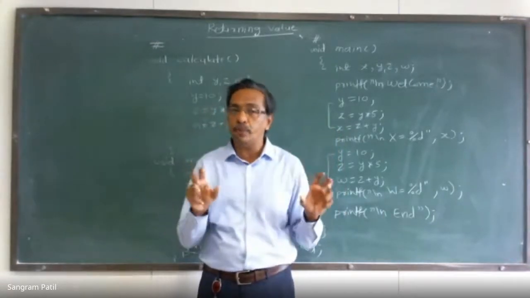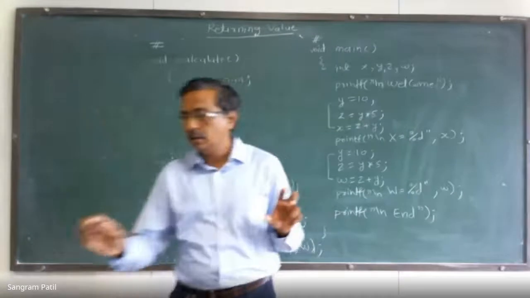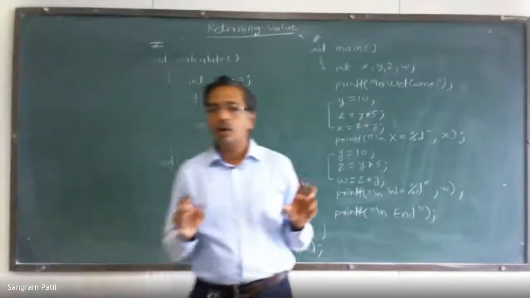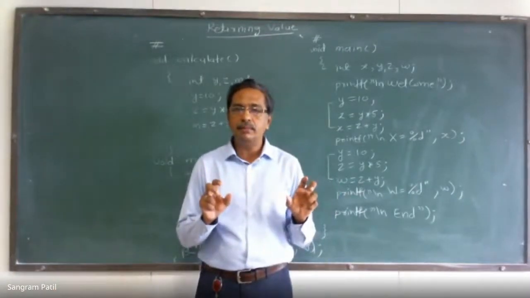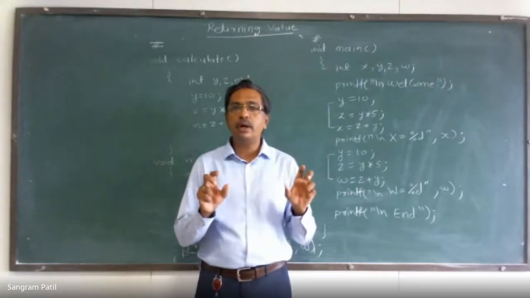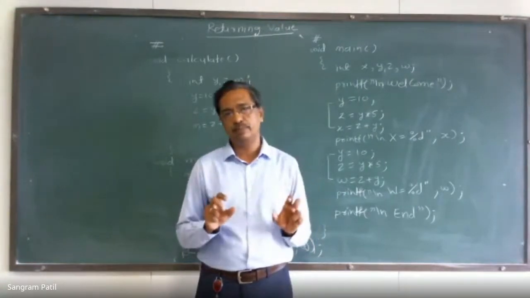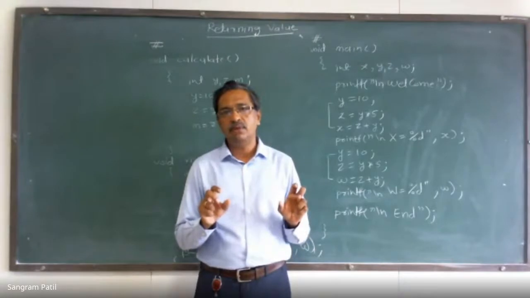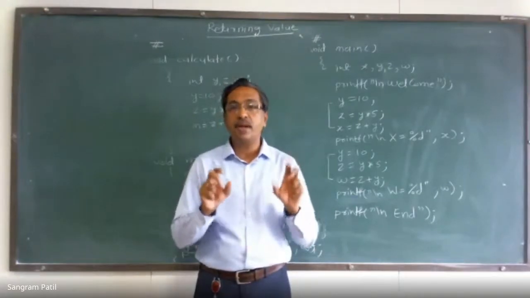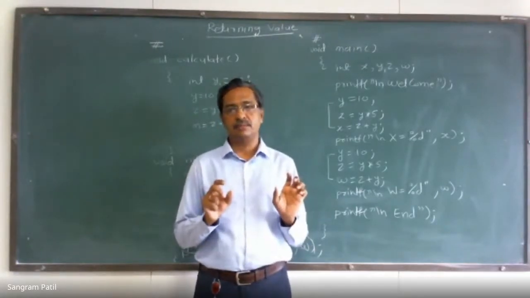So value of a variable which is there into the function, if you want that value into the calling program, then first of all, calling program must do a request to the function.